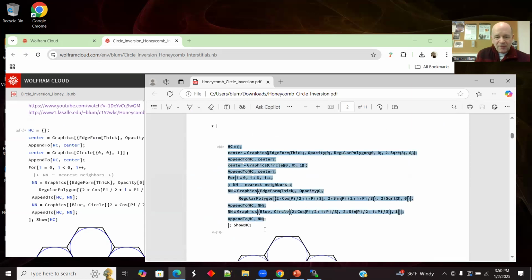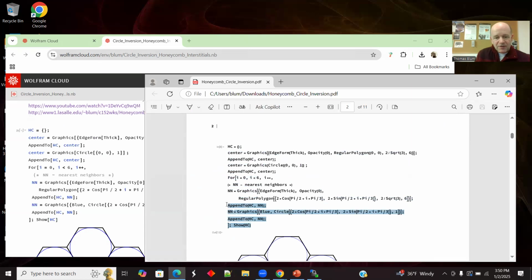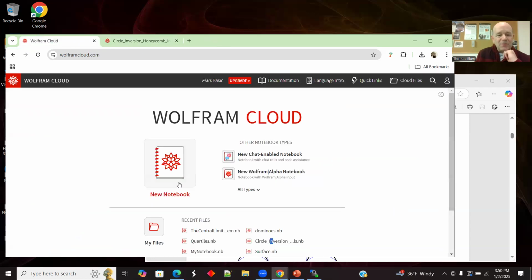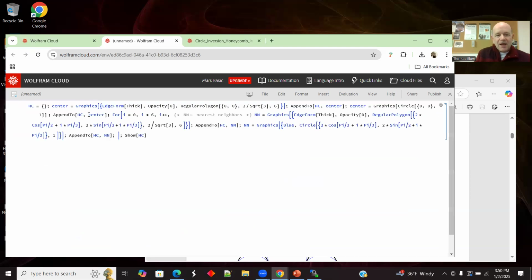If I copy this code from the PDF that I had previously saved, and paste it into a new notebook and press shift enter, it does not understand it.